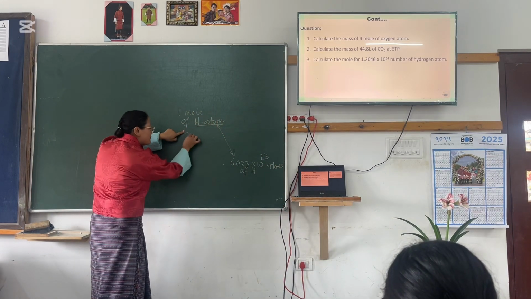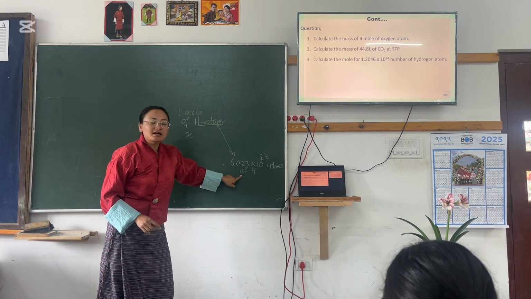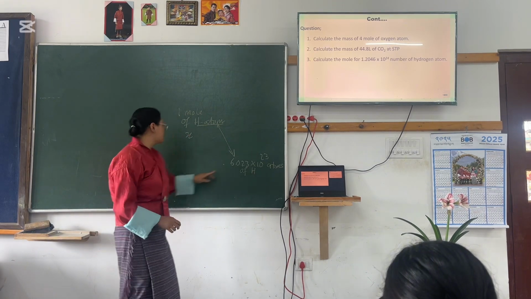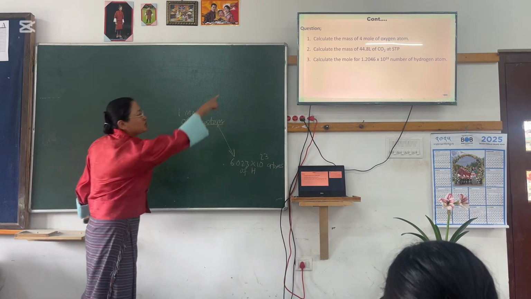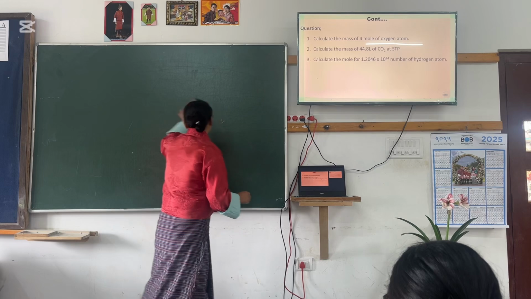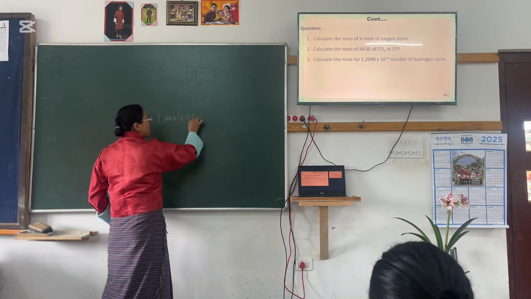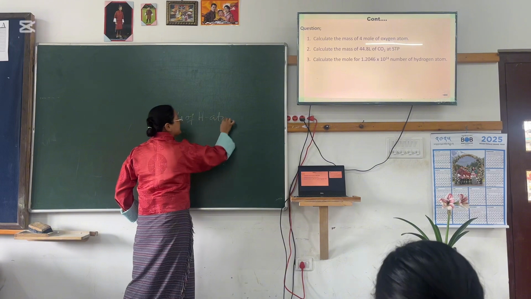So you have to find this X, and what is given? The number of hydrogen atoms is given. So are you going to start with this value, or how will you start? 1 mole. Yes, 1 mole of hydrogen atoms.